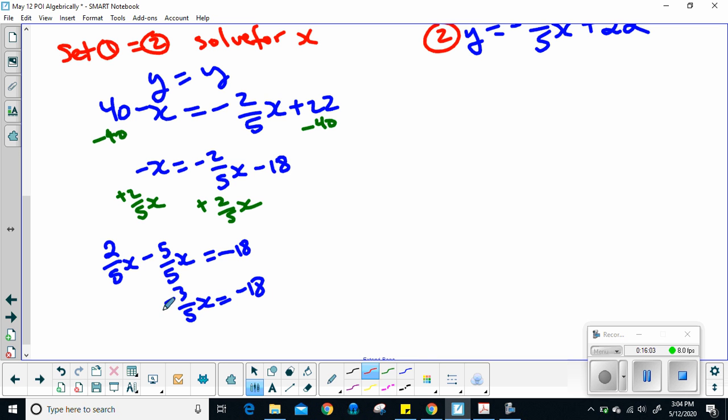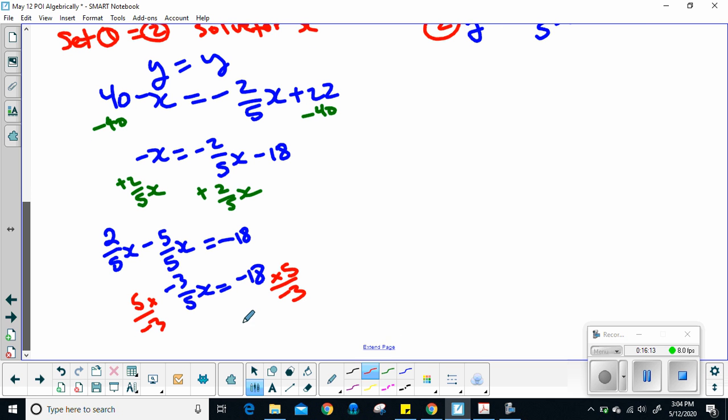So we're dividing by 5, so we're going to multiply both sides by 5. We're multiplying by 3, so let's divide by the negative 3. So what does that give me? X is left behind equals 3 goes into 18 6 times. 6 times 5 is 30. So x is 30. Perfect.